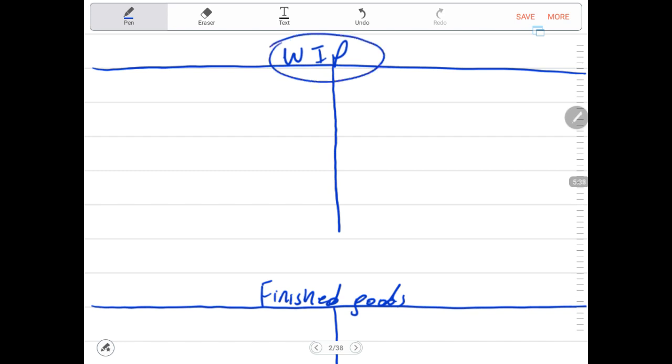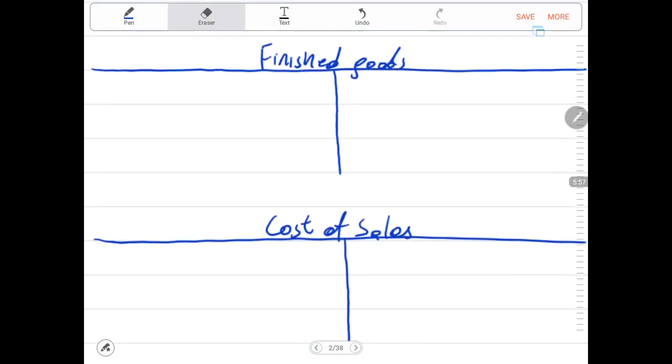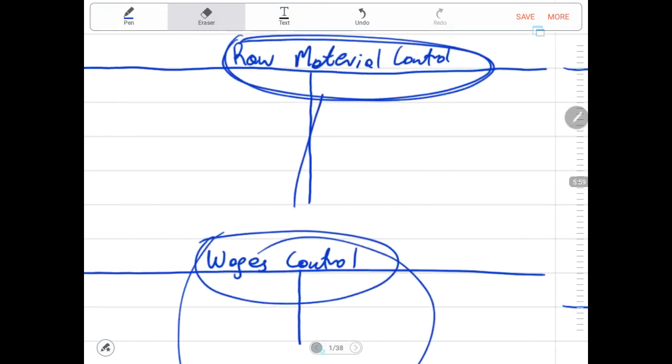The conversion costs are incurred in the work in progress, and all the costs are allocated there. Then when the goods are done with the process, they go to the finished goods department. So we buy material and convert it using direct labor and overheads, the conversion cost.